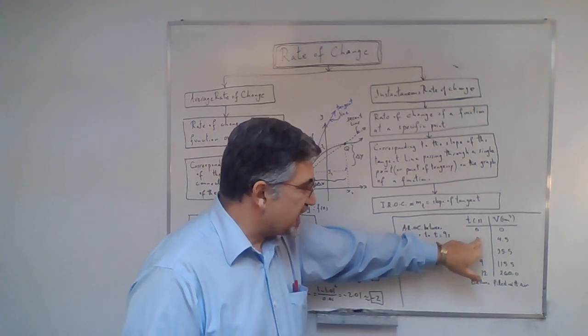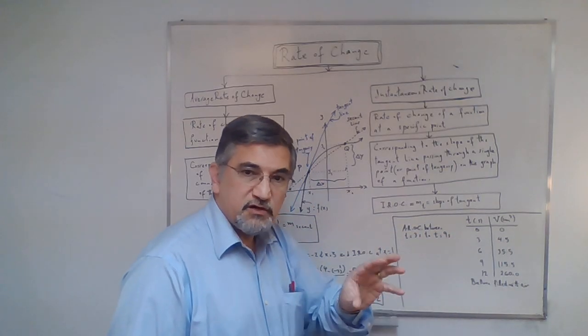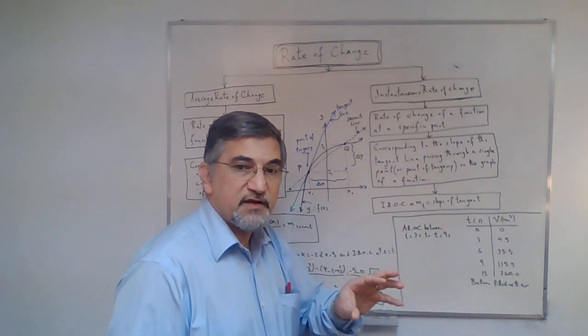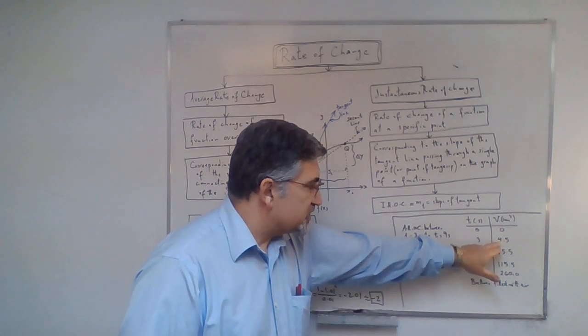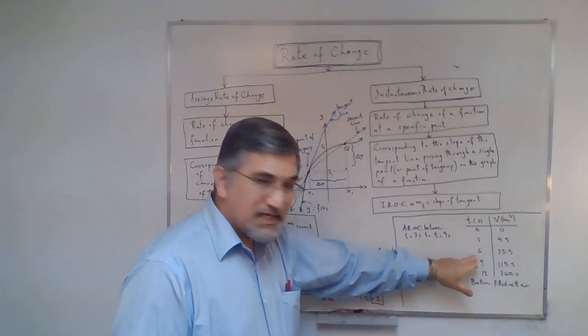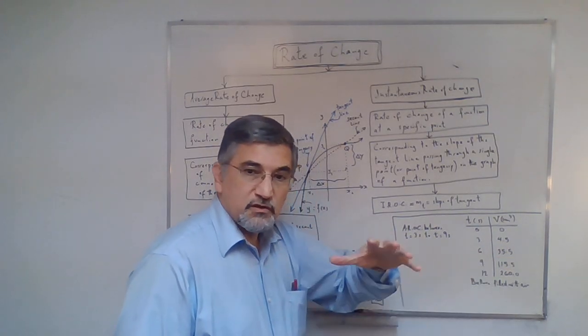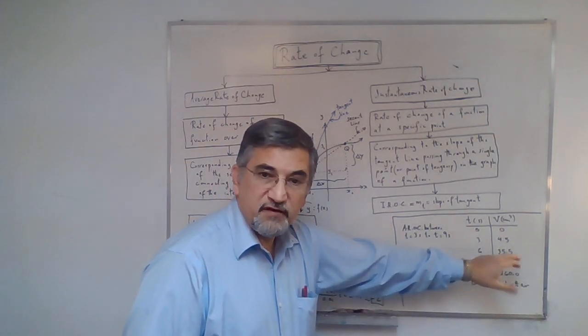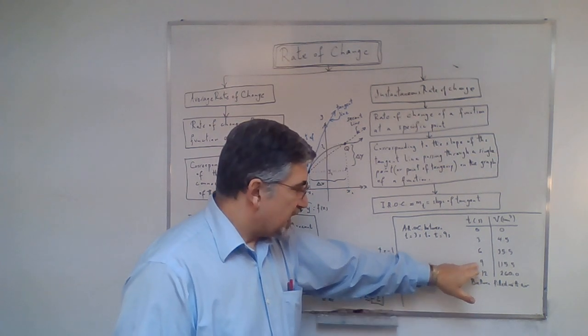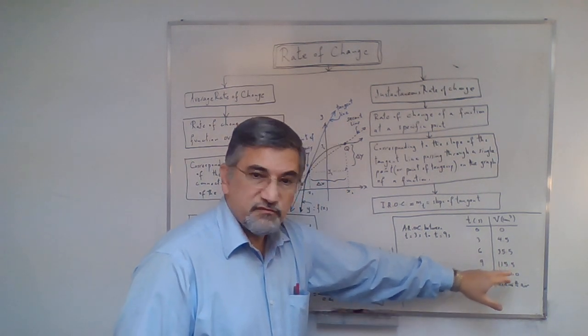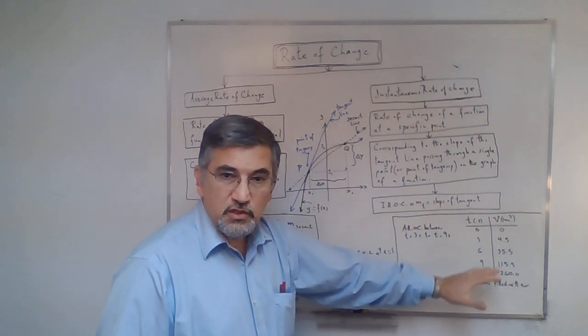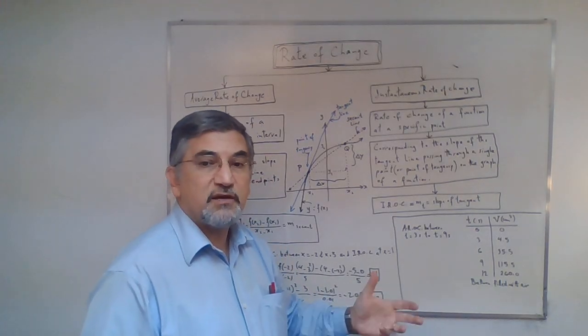But then after 3 seconds, when a little bit of air is filled inside the balloon, the volume is 4.5 cubic centimeters. After 6 seconds, that volume increases to 35.5 cubic centimeters. After 9 seconds, 115.5, and so on and so forth. These are the values given in the table of values.